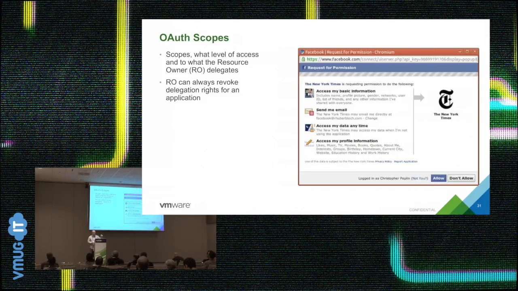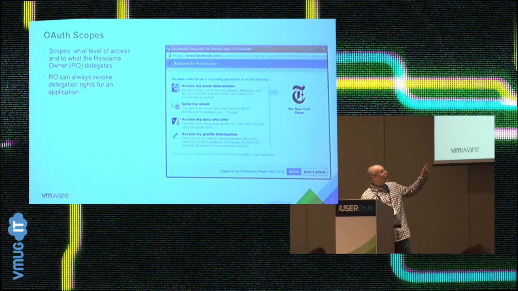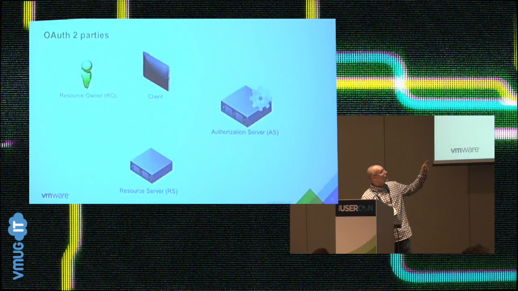But in the standards, it should be possible for you to actually say, no, only read my public profile, my username. You have no access to my contacts, for example. This is a screenshot from a typical OAuth scope negotiation. So New York Times here would like to have permissions to the following. Do you allow or do you not allow?